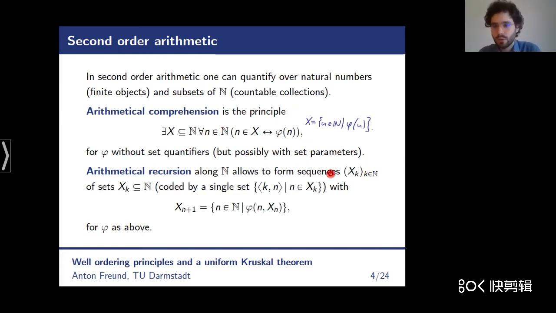Namely, it says that you can form sequences of sets indexed by the natural numbers such that the n plus first set in the sequence is defined by some given formula phi relative to the previous set in the sequence. And then if you want to be precise, you can code these infinitely many sets X_k into a single one, but that's not really necessary for the present talk. Okay, so arithmetical comprehension, you can form sets of this form for phi that is not too complicated, and arithmetical recursion along N, you can iterate this process along the natural numbers.